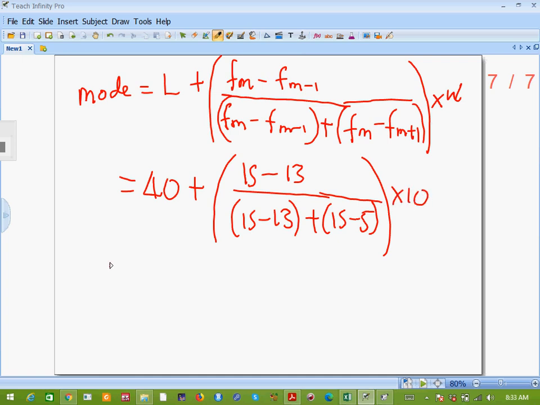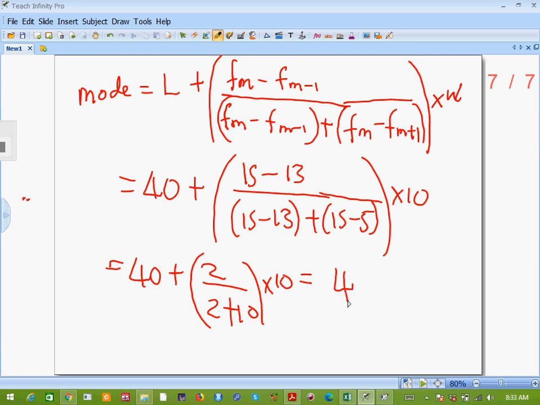So this will give us 40 plus 2 over 2 plus 10 times 10. This will give us 41 point something. So you have to be careful with the operations.